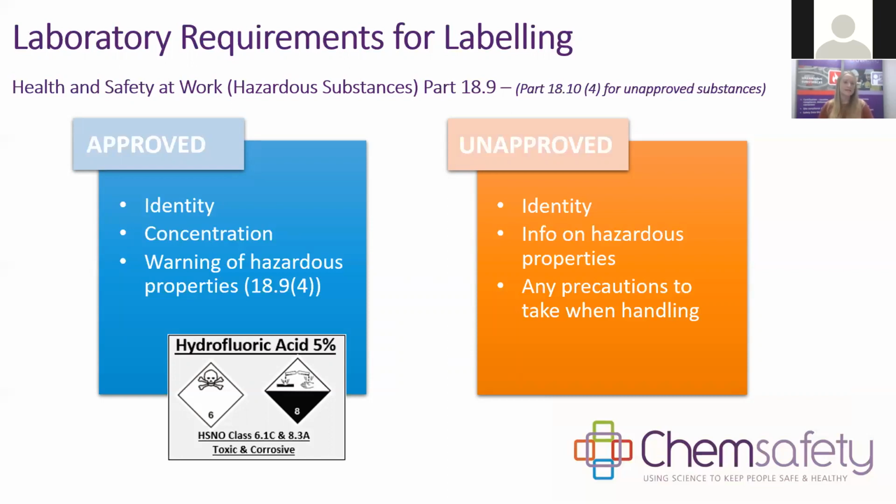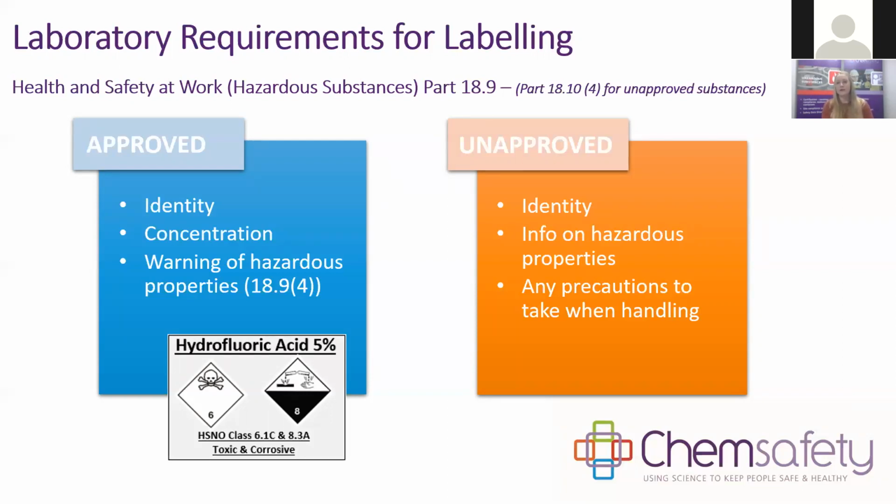So we've got the identity, the concentration is 5%, and it has class 6.1C and 8.3A. So the brief warning is that it's toxic and corrosive. The main point for lab labels is that the warnings must be able to be read and understood within 10 seconds of picking up the container.